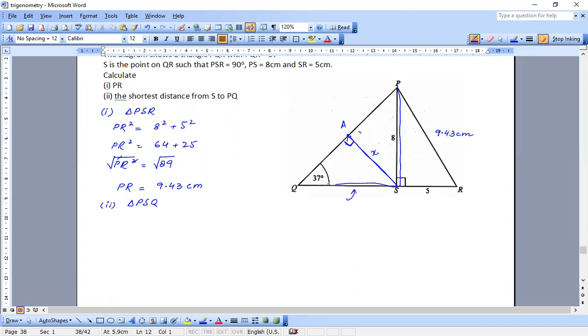This is the one that I'm referring to. In this triangle, I have an angle and the opposite. I am trying to find out the adjacent.